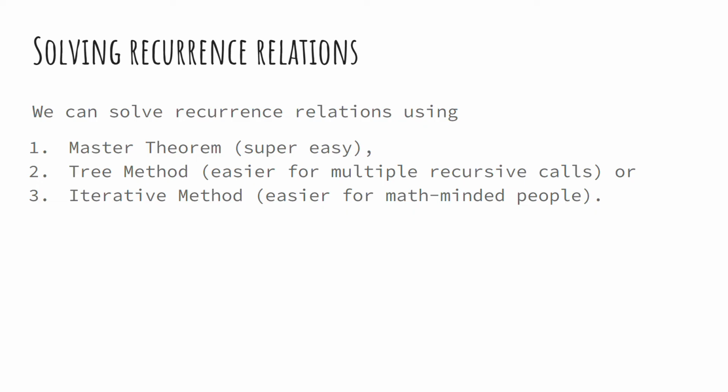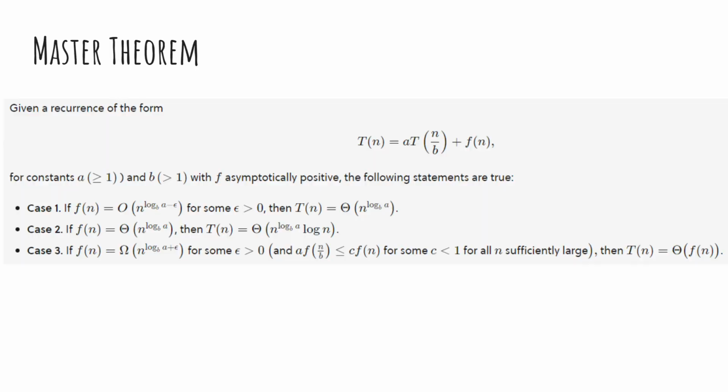Then there's the tree method, which is easier when you have multiple recursive calls in the same function, like binary recursion. And then there's the iterative method, which is similar to the tree method, just used more by math-minded people. Okay, so what is the master theorem?